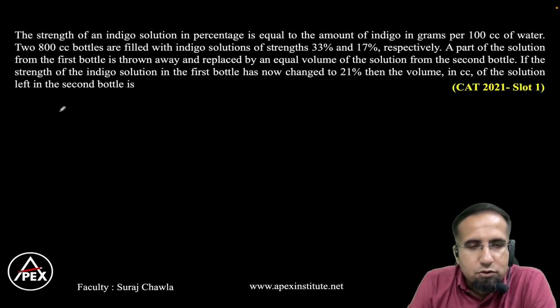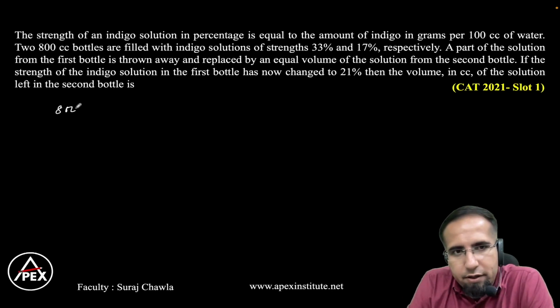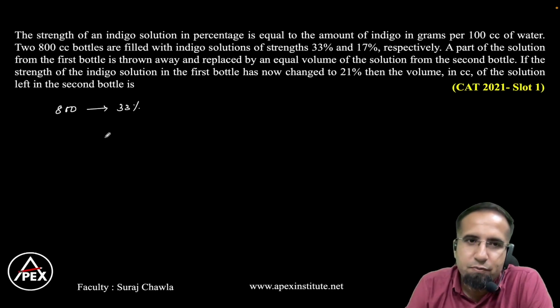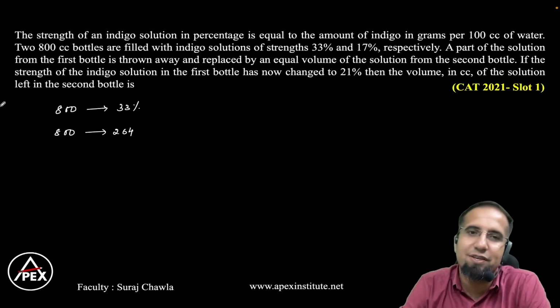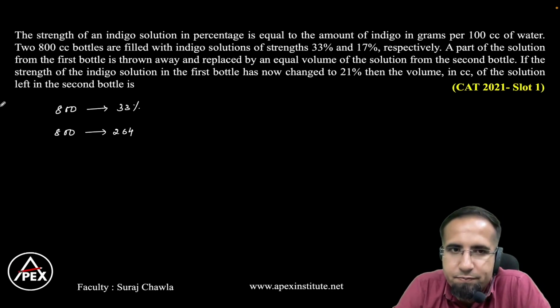Okay, so I have 800 ml, the cc of bottle, and indigo solution here is 33 percentage. So if I calculate out of 800 cc, the quantity of indigo here becomes 264, that is 33 percentage of 800. Clear?